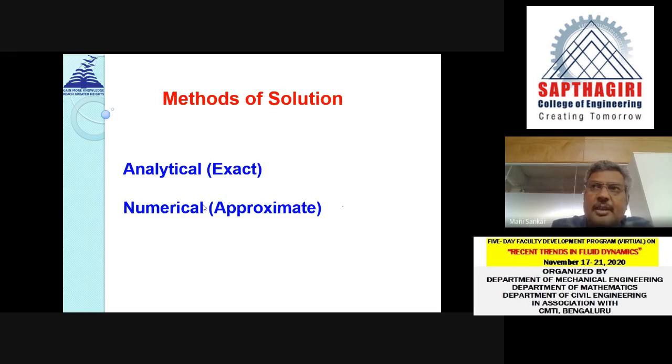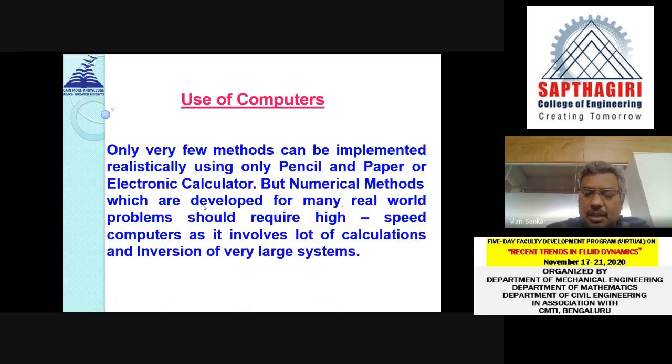But unfortunately, not all partial differential equations can be solved to get the exact solution. And when we go for an approximate solution, we cannot find it by just using pencil and paper or an electronic calculator.